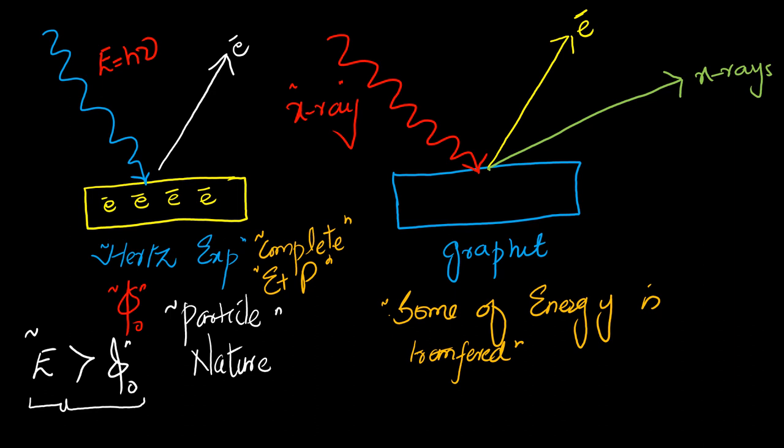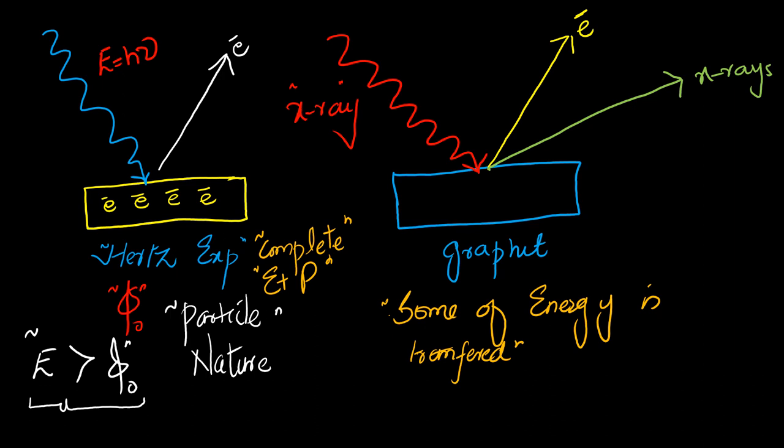Now, dear students, we will briefly discuss the shift in wavelength in the Compton effect when photons of X-rays are incident on the graphite.